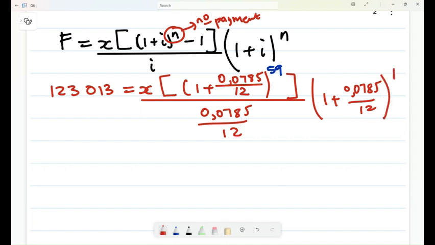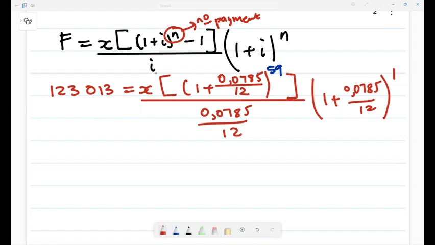So let me fetch my calculator so that you can see how we do this. Where is my Casio calculator? Here it is. I want you to see how we punch this, okay? Because many students struggle in terms of this. All right. So this is how we're gonna punch.